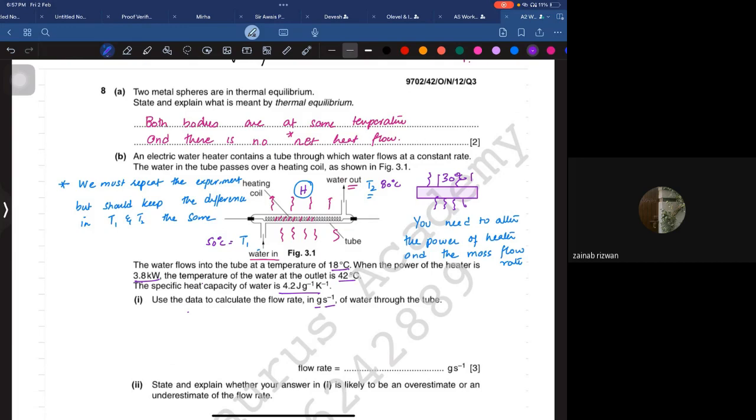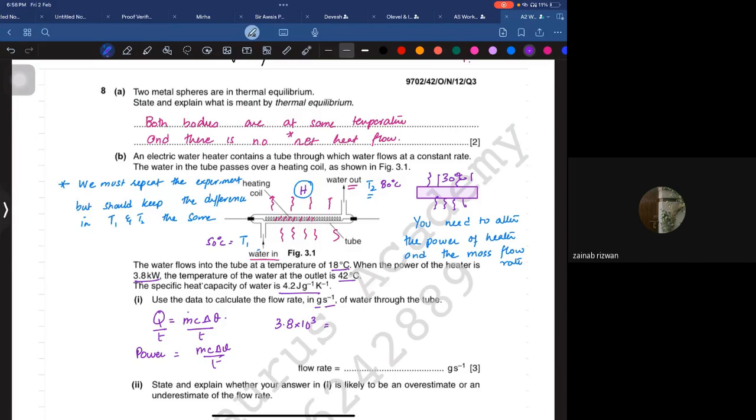So what you do? Pretty simple. Energy is given as mc delta theta. You guys know that. If I divide it by T here, I have to divide by T here. So what will this give me? Power equals mc delta theta divided by T. So the power of the heater was 3.8 times 10 raised to 3.